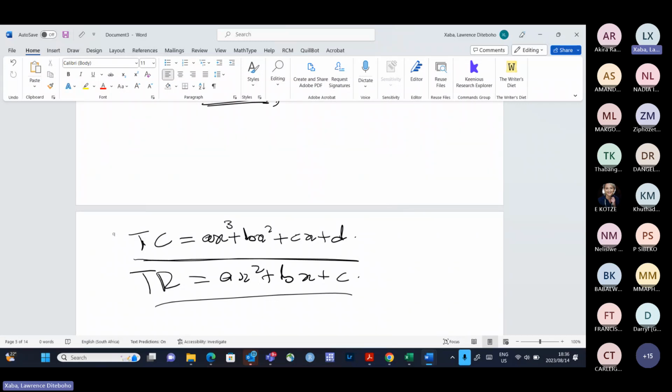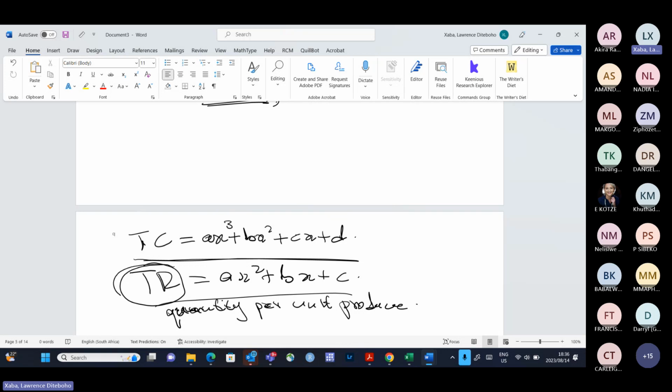So the idea also, we still want to find our turning point. We wanted total revenue, and we wanted quantity per unit that we produce and sell.